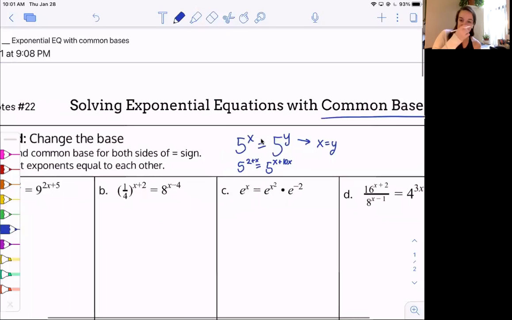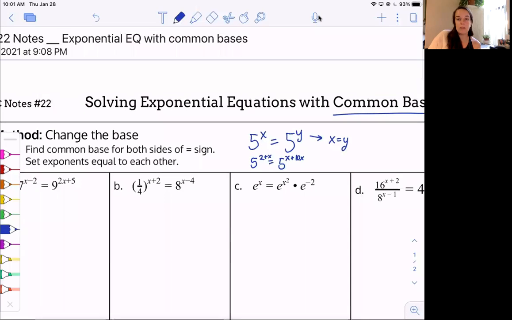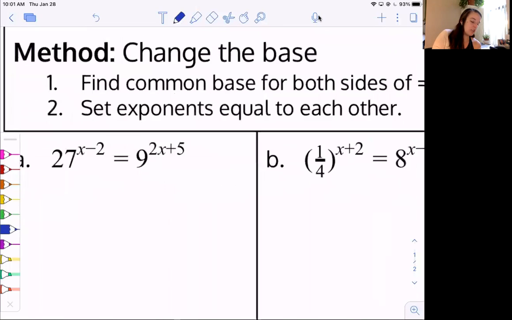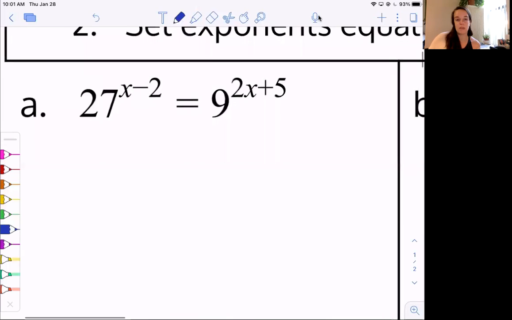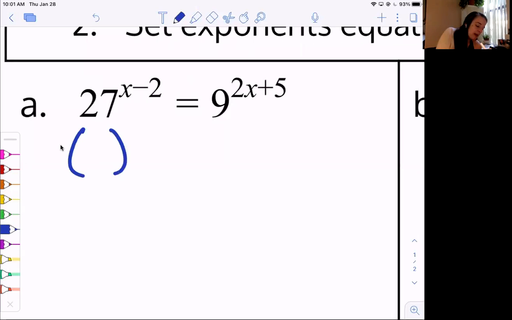So using that idea, we are going to change the bases into something that they have in common. What I mean by that is, I need a base that can be the same for both of these numbers. What is in common between 27 and 9?